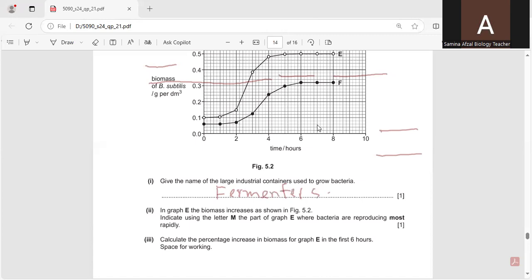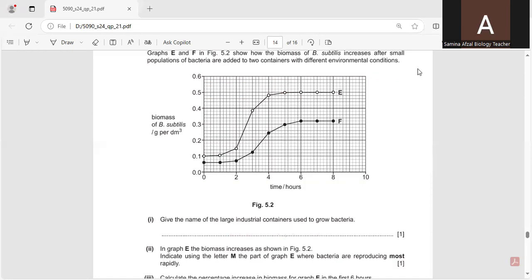In graph E, the biomass increases as shown in figure 5.2. Indicate using the letter M the part of graph E where bacteria are reproducing most rapidly. So first of all, you can see the point on the graph where the bacteria are reproducing more rapidly.